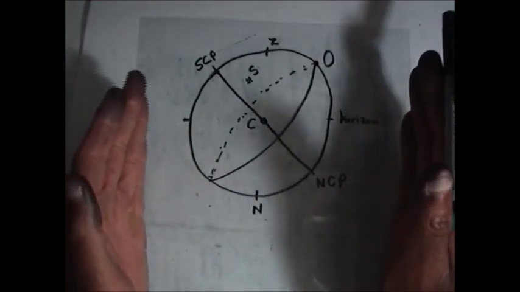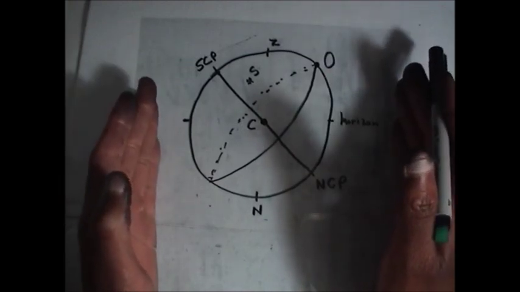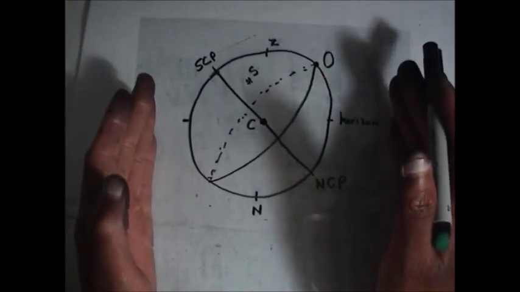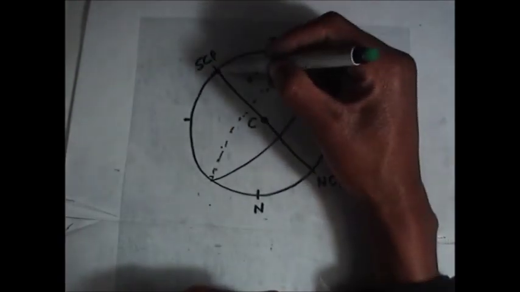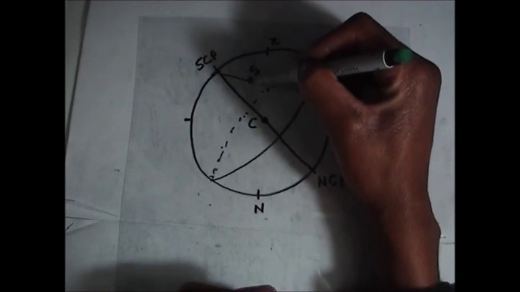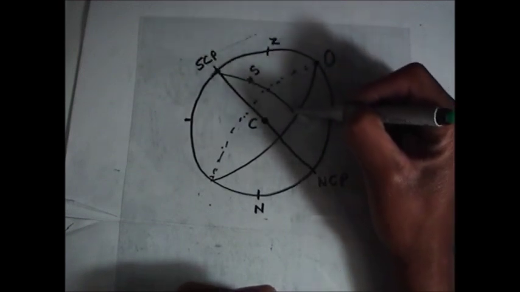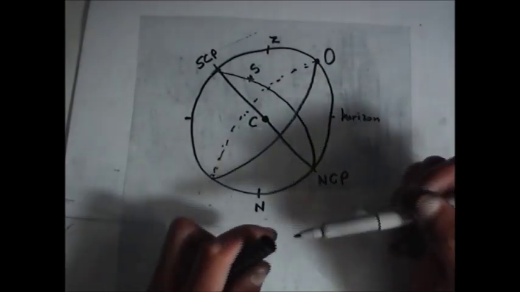But in this system, the first equatorial system, we are going to use an hour circle. An hour circle is defined as the great circle that connects the south celestial pole, goes through the star and cuts the celestial equator, and then connects with the north celestial pole.